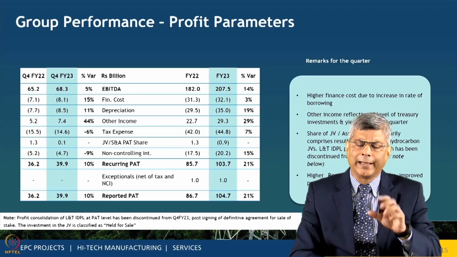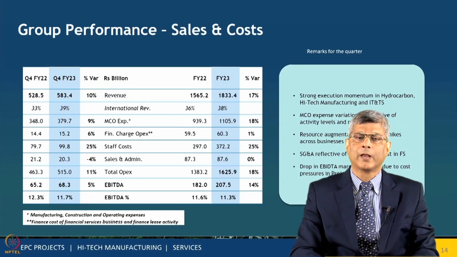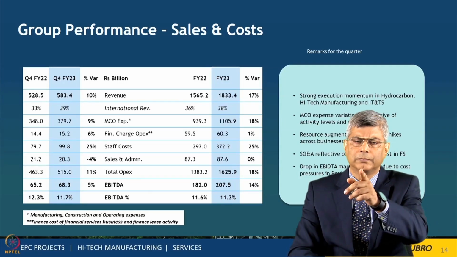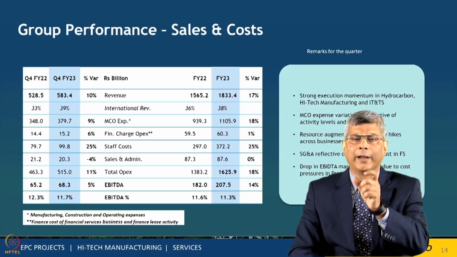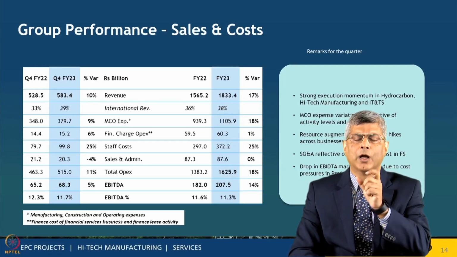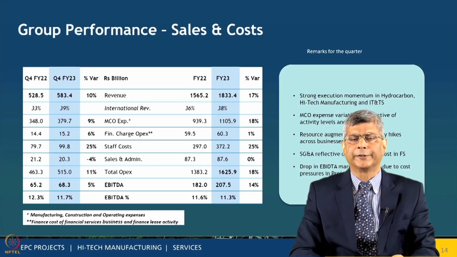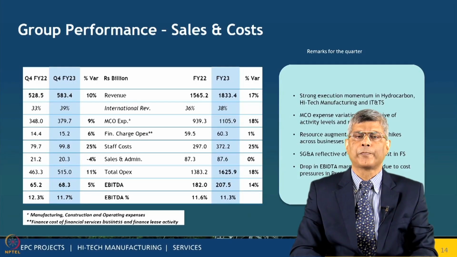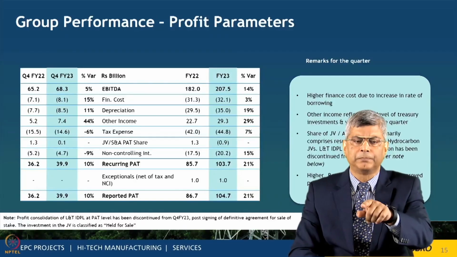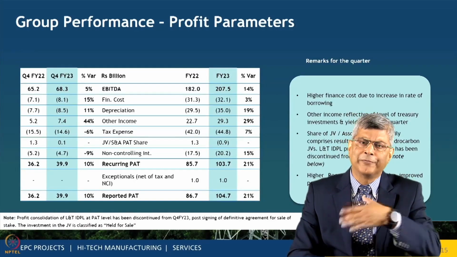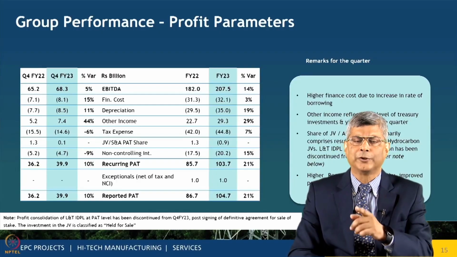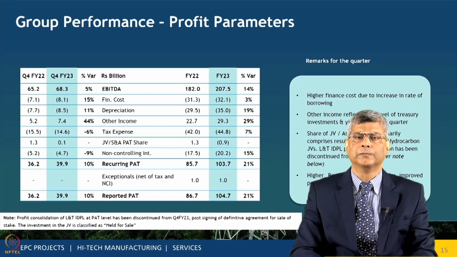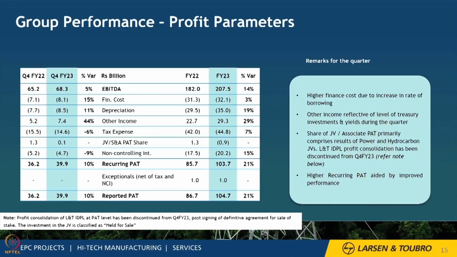So if you look at it in totality, they have sold, right on the top in the blue colored column, 1833.4 billion rupees. That's the revenue or sales. And if you look at the bottom, the reported profit after every cost, including taxes, is 10,000 crores or 104.7 billion. The concept is the same. This is called the income statement or the profit and loss statement.